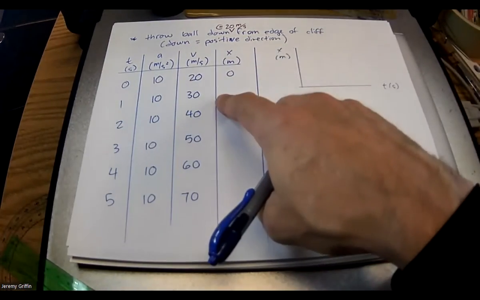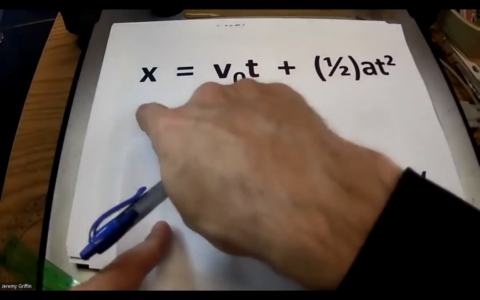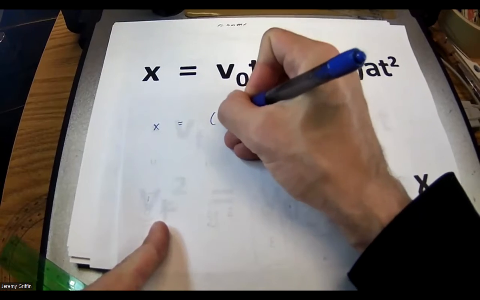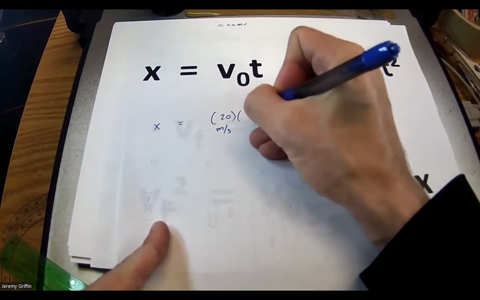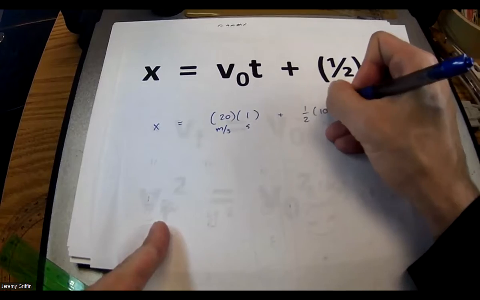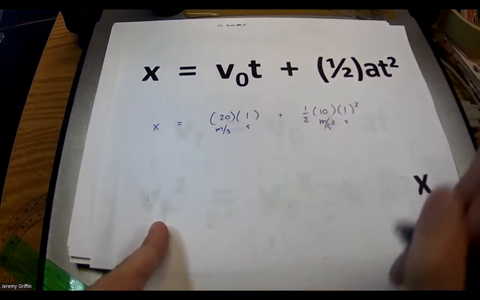All right, after 1 second, so break out this equation. x equals 20 meters per second for 1 second, plus 1/2 times 10 meters per second squared, 1 second being squared.